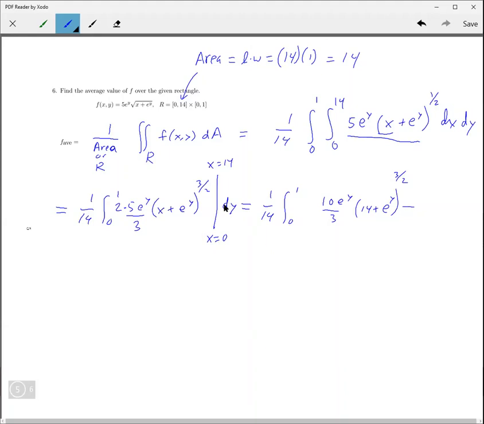Then subtract, and we'll put a 0 in for x. We're going to get 10/3 e to the y. Now you put a 0 in here, you're going to get e to the 3y over 2. Oh dear. And now that's dy.